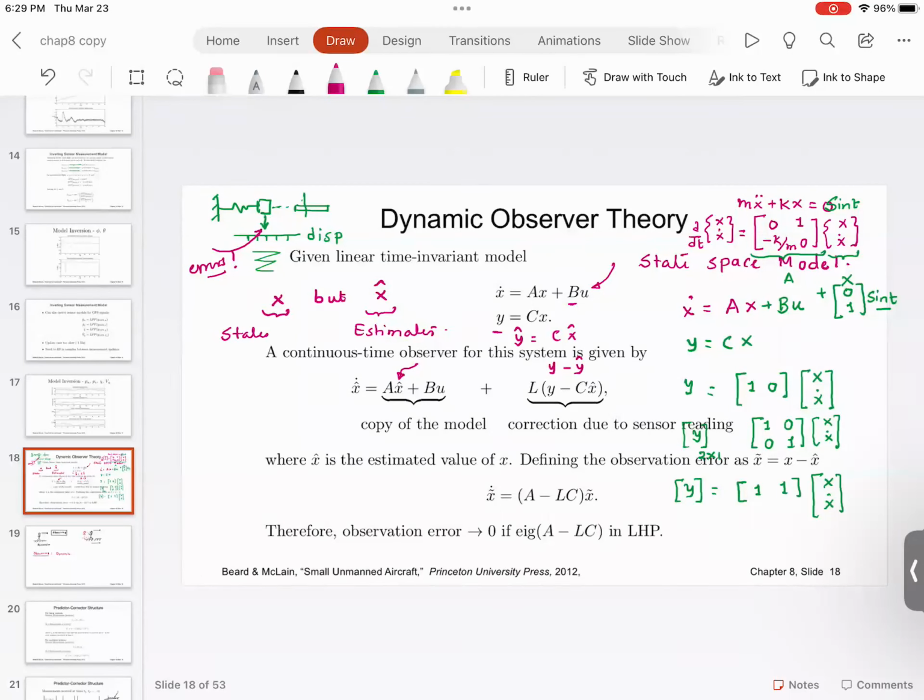Clearly, this estimated dynamic equation is not the same as your original equation. What that means is I really want to know the difference between the original system dynamics and the system dynamics that I'm actually observing.